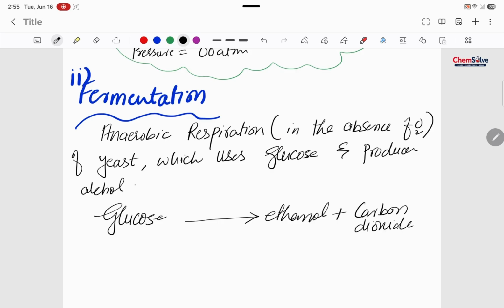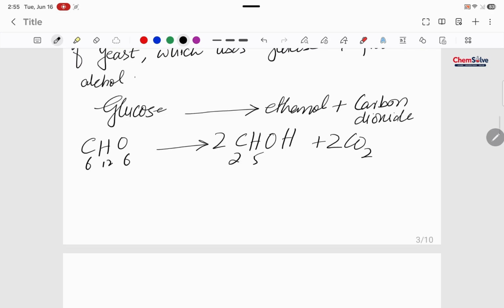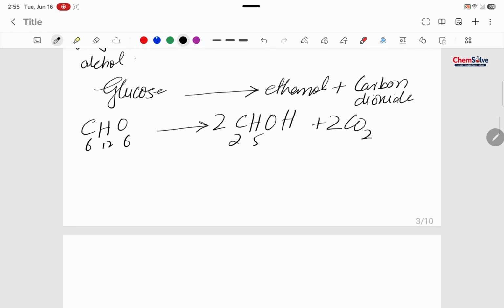This is the word equation. We know that the formula for the glucose is C6H12O6. It changes into ethanol, that is C2H5OH, and carbon dioxide, that is CO2. Let's balance the equation. We need to put 2 with both of them. What are the conditions for this reaction?